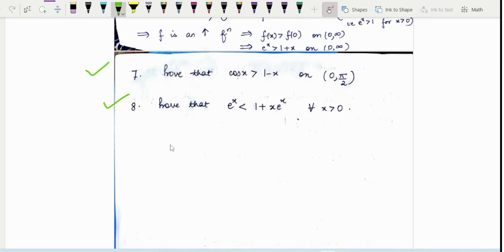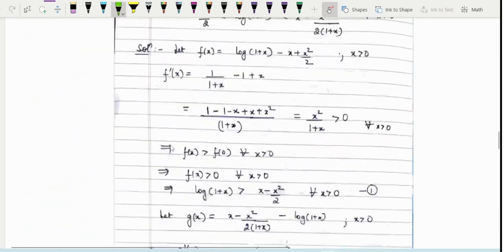If you're doing it using the increasing approach, prove that it's increasing. If you're doing it using the decreasing approach, prove that it's a decreasing function. In any case, your desired inequality is going to come in the end when you use the inequality definition of increasing decreasing function. So that's how you do inequalities using mean value theorems.